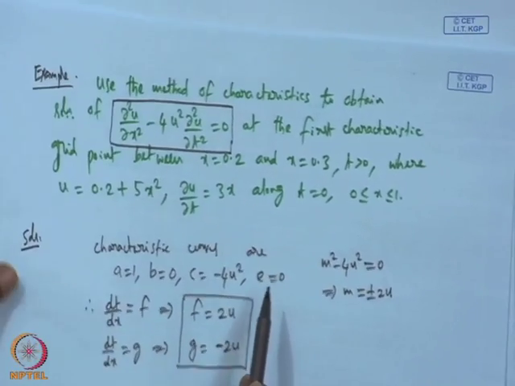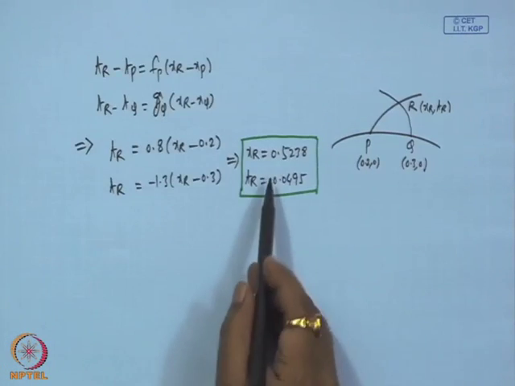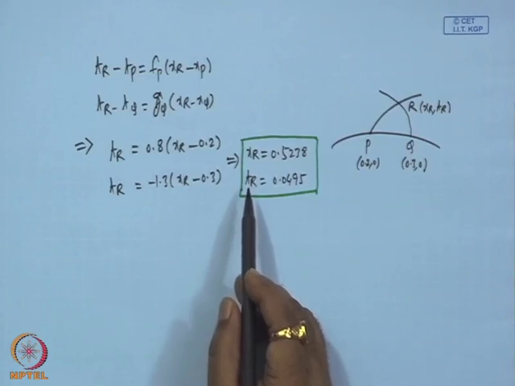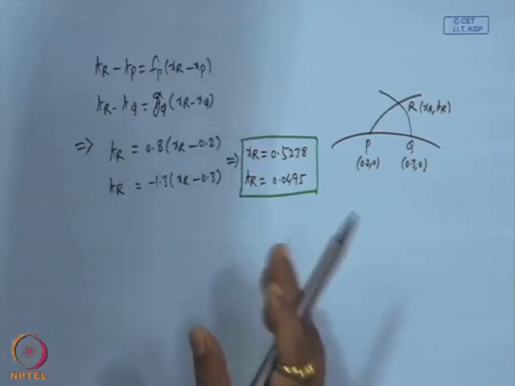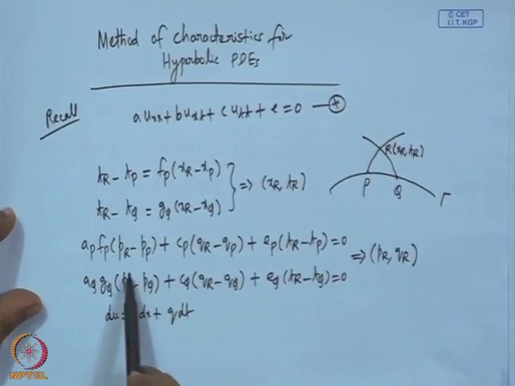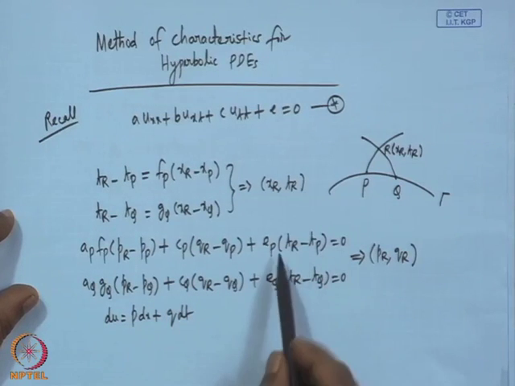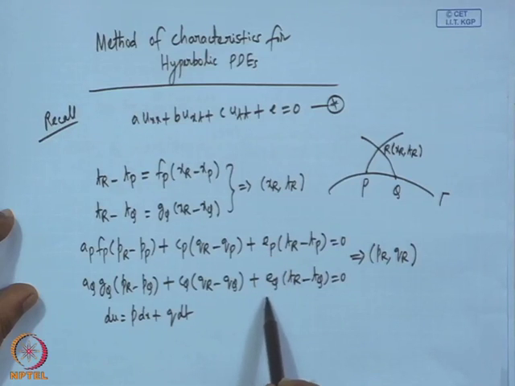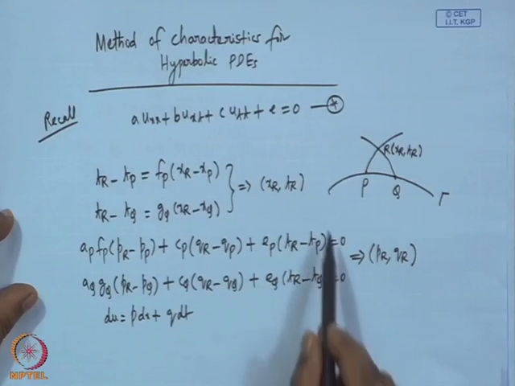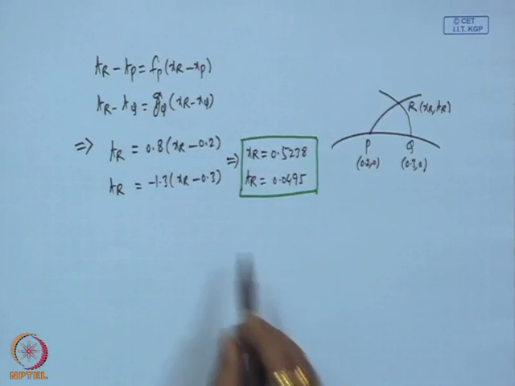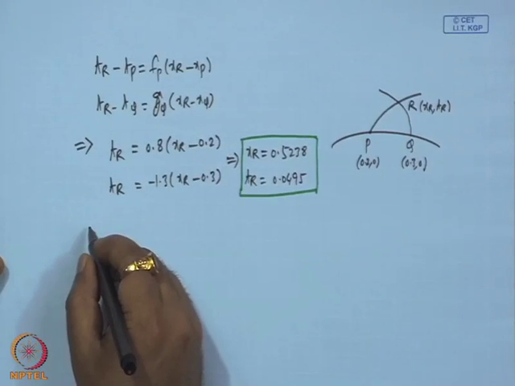So, what would happen if E is 0? In the corresponding equation to compute P r and Q r from this system, this is 0. So, E p is 0, E q is 0. So, there is no contribution from this term.